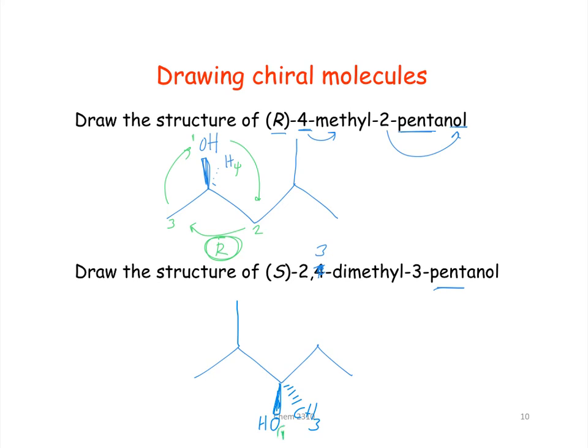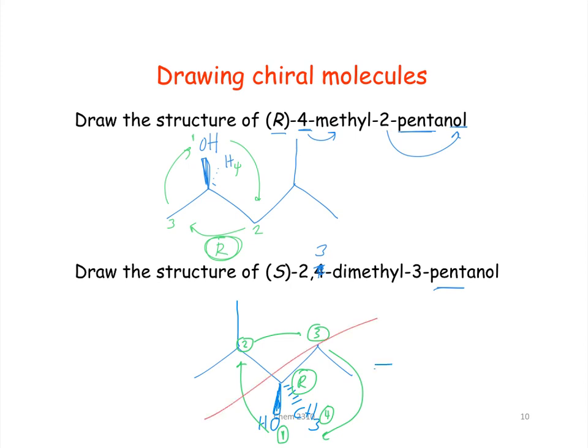So this would be 1, this would be 2, this would be 3, methyl group is 4. So we just arbitrarily drew it so number 4 is in back, right? So 1 to 2, 2 to 3, 3 to 4, is this S? No, this would be R. Okay, so that's wrong.